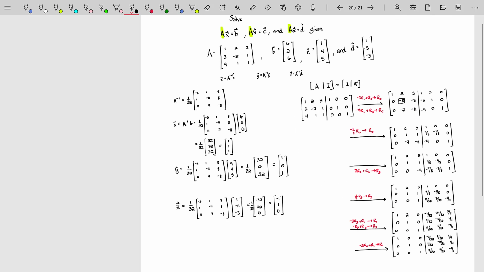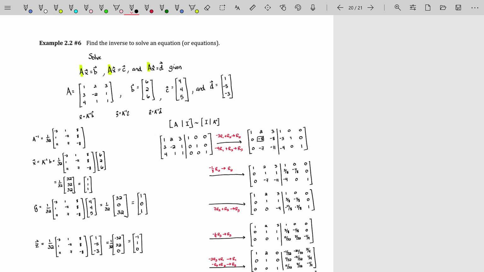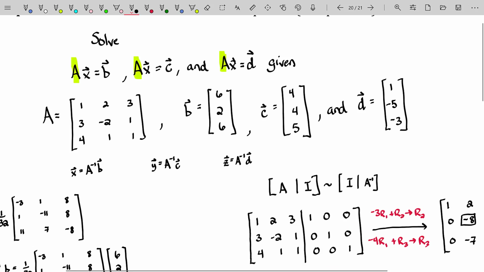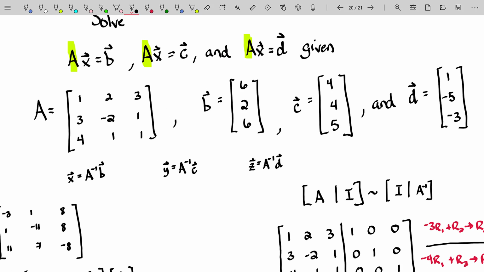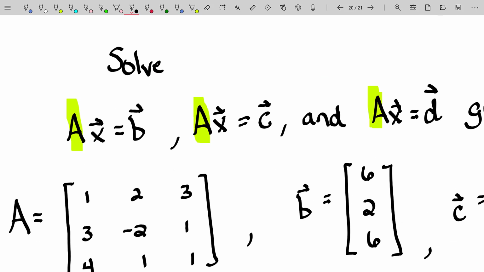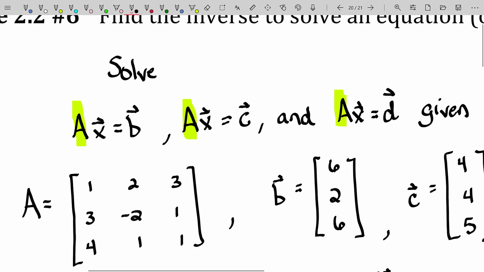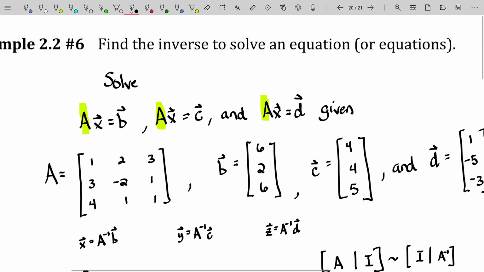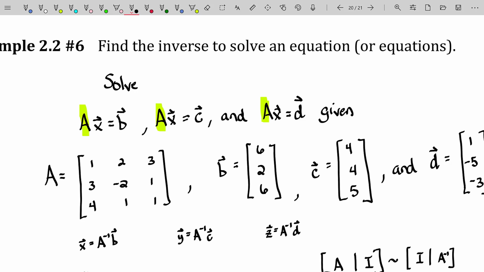So you could see in this instance, actually most instances honestly, that if you're going to want to find the inverse, it's only because you're really dealing with multiple equations having the same coefficient matrix. There's just no way around it. It's more efficient to find the inverse matrix than doing row reduction techniques over and over and over again for those.